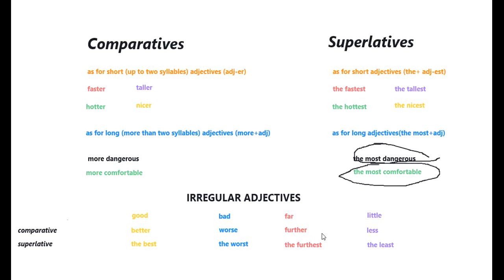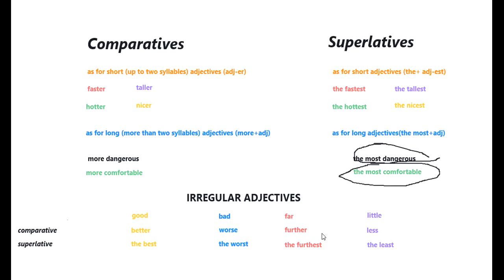Maybe you may ask, teacher, how can we tell the difference between short and long adjectives? If your adjective has more than two syllables, it is a long adjective. But if it has up to two syllables, it is considered a short adjective.